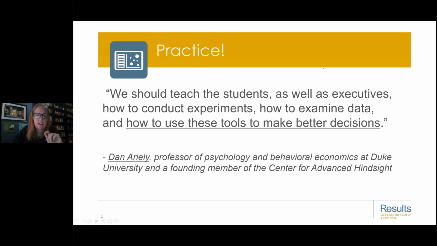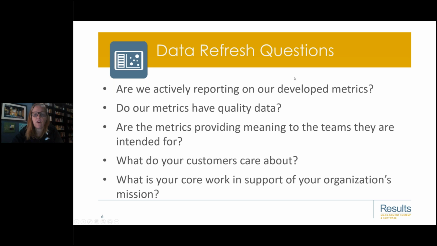As we get started, before you start making changes in Results, you need to do some prep work. Before you jump in, here are some refresh questions to ask yourselves as well as the teams you serve. We're looking at your metrics. Do you have a bunch of metrics still in black, meaning you're not actively reporting on them? Are they stagnant?